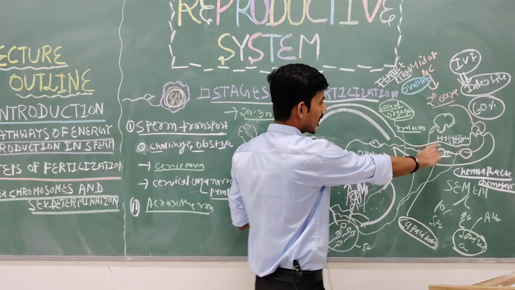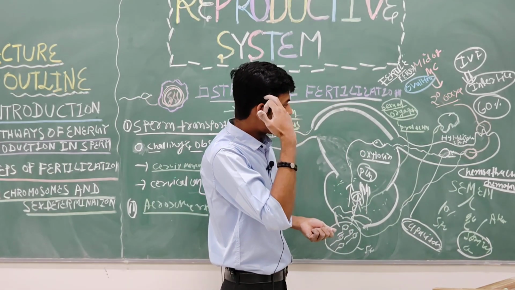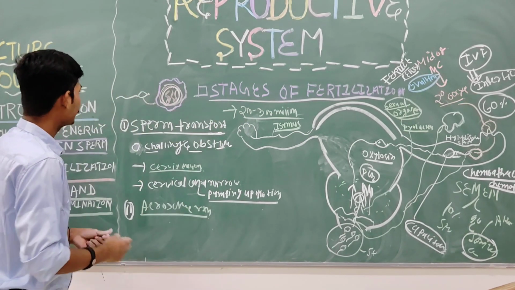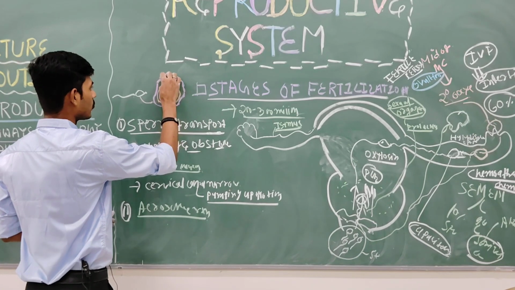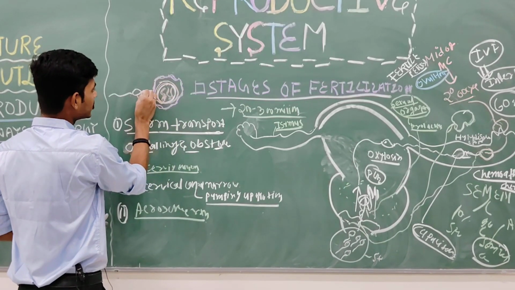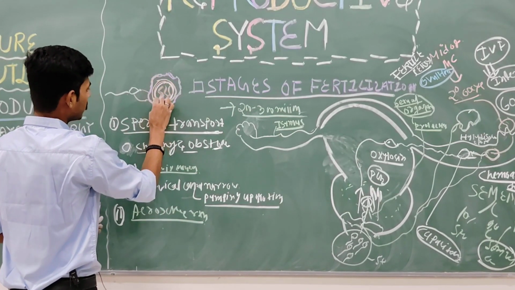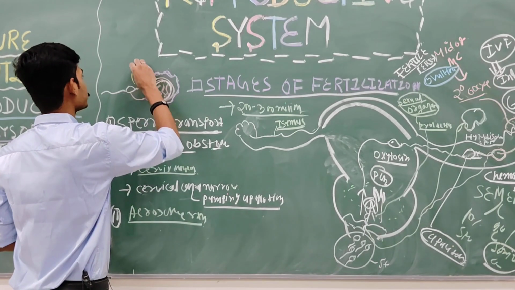The first one is hyaluronidase, and the second is the proteolytic enzyme. By this, there is a dissolution of this membrane, and it touches the membrane, the corona radiata, and this is referred to as the acrosomal reaction.